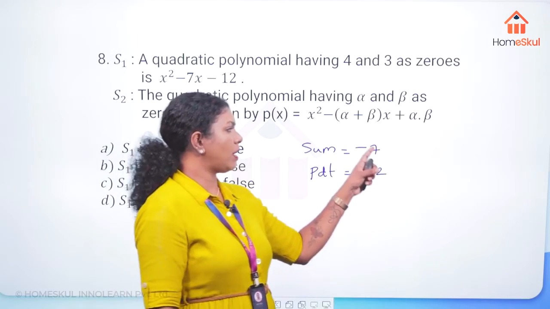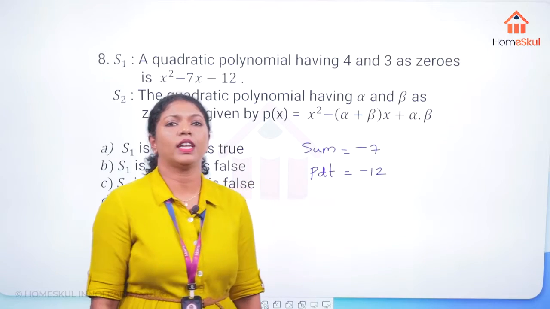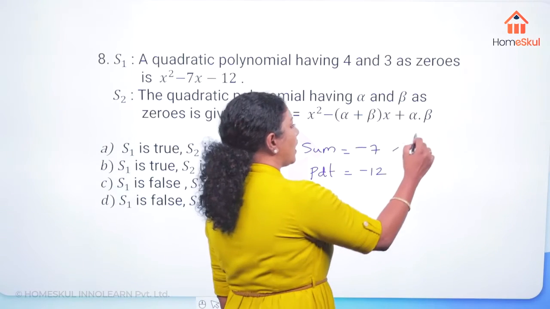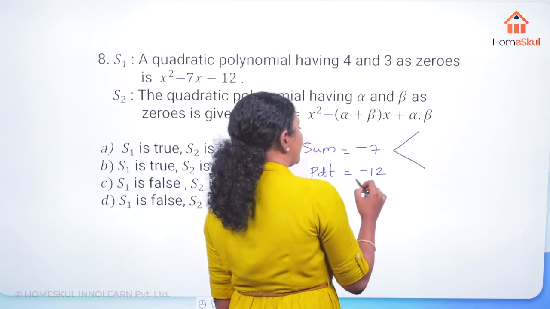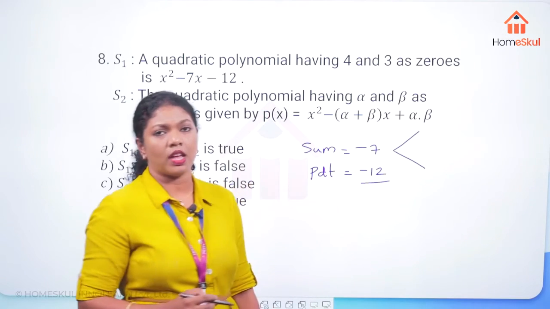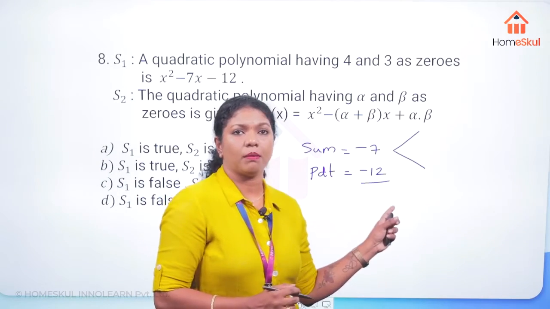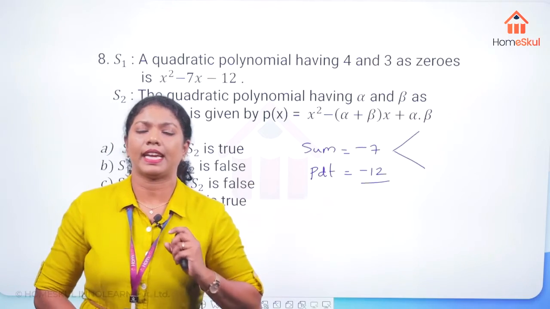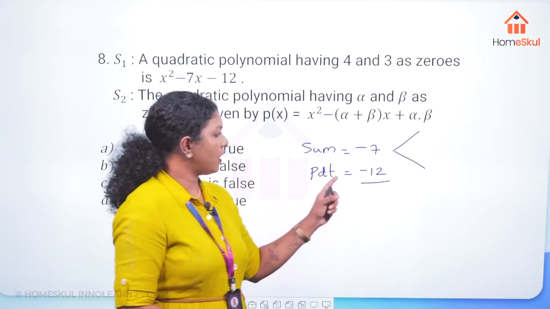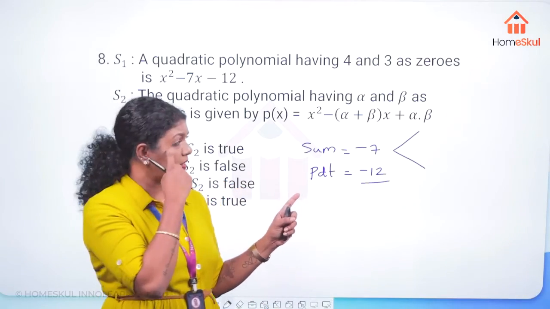We need to find two numbers whose sum will be minus 7 and product will be minus 12. If the product is a negative number, one number should be positive and the other negative. Can you find such numbers?